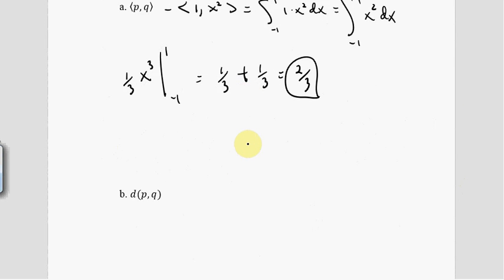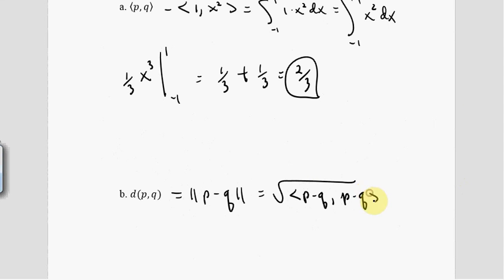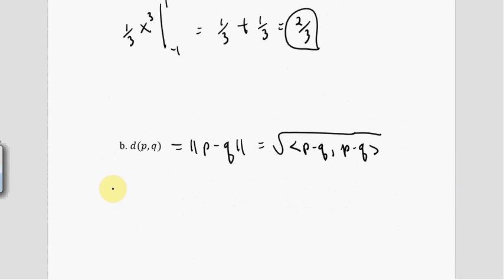The distance is said to be the norm of P minus Q. This so-called norm is going to be the square root of the inner product of P minus Q with P minus Q. So this is the square root of the inner product of P minus Q, comma, P minus Q. So I'm going to put this whole integral from -1 to 1.